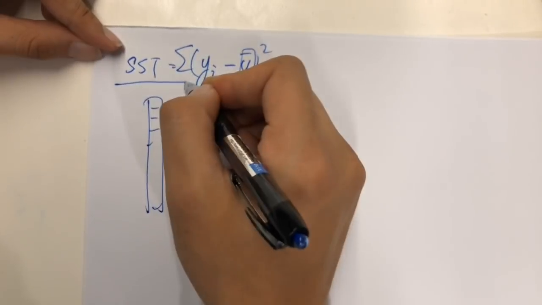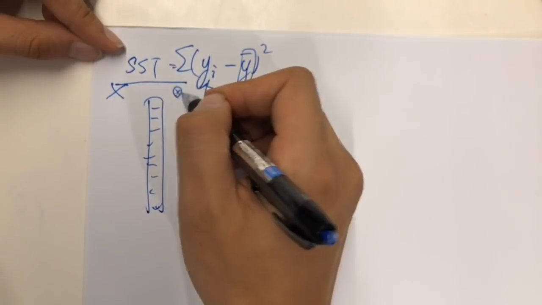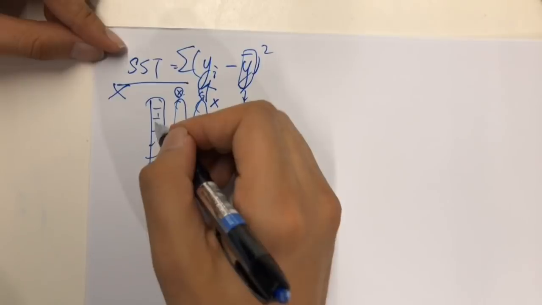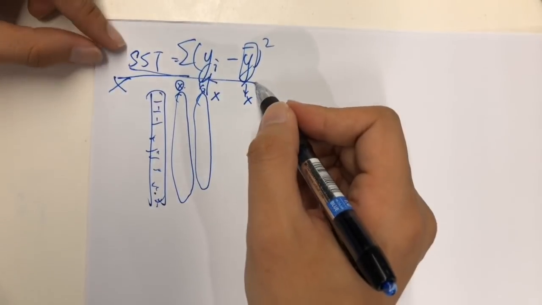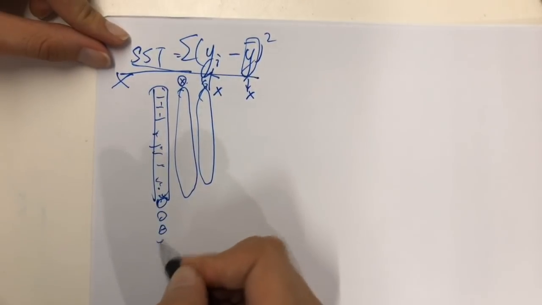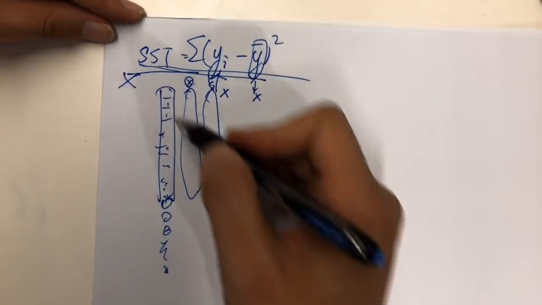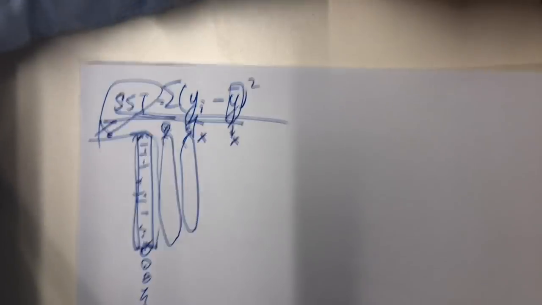No. So does SST change? No. It will never change. If you add an x2, it will never change y. SST will only change if you take more samples. But with the same sample, SST will never change.